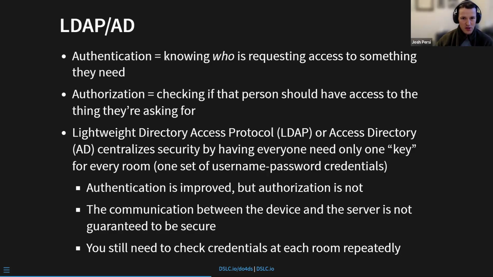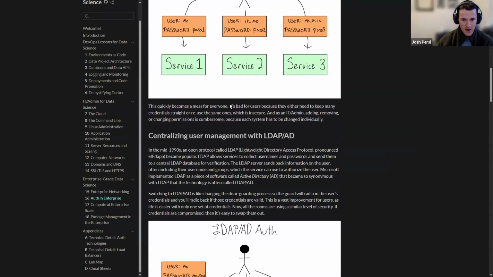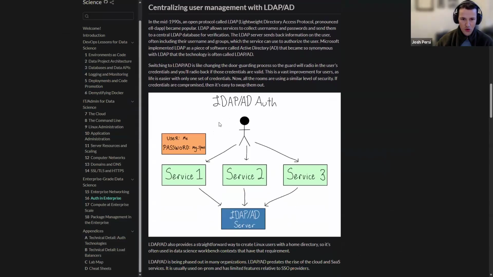The book uses this idea of you have multiple services. So again, email, database, admin account, or HR account. You have one set of credentials across all of those. And here it's simplified, and it doesn't really distinguish between the protocol and the access directory.